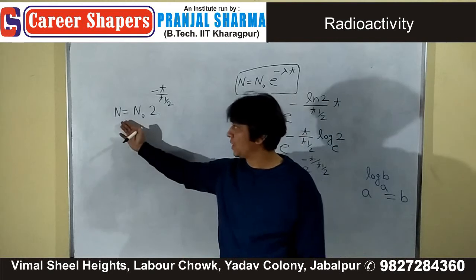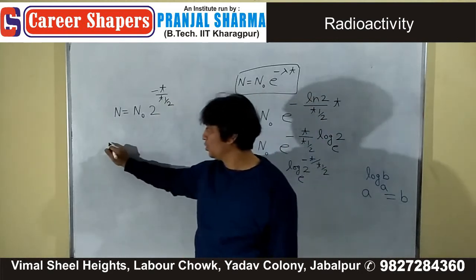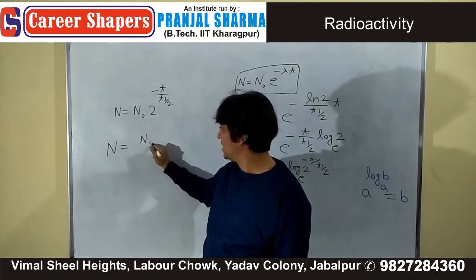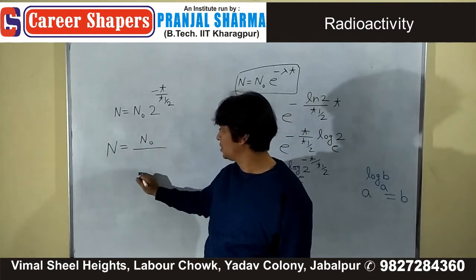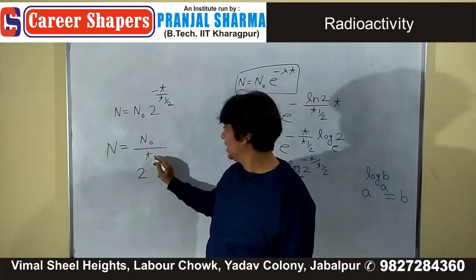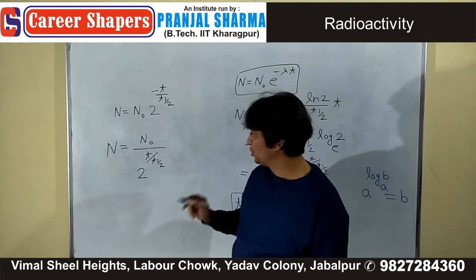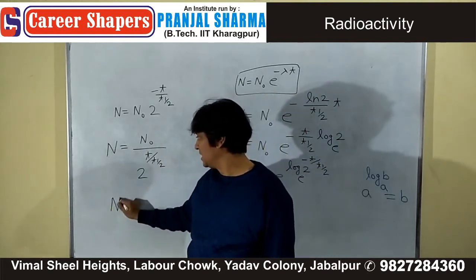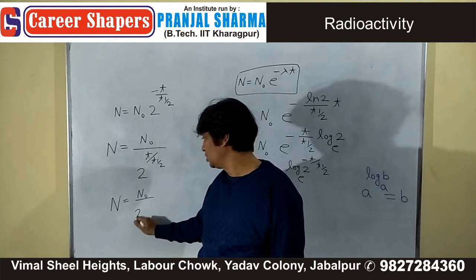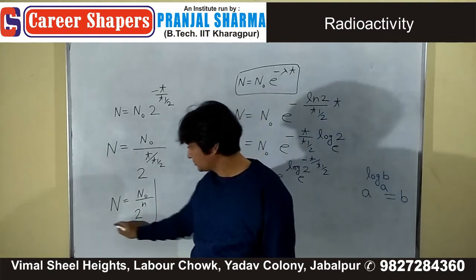Now, once you write N as N naught 2 to the power minus t upon t half, you can give it the final version. Final format is this: N equals N naught 2 to the power minus t upon t half, which is N equals N naught divided by 2 to the power n, small n.